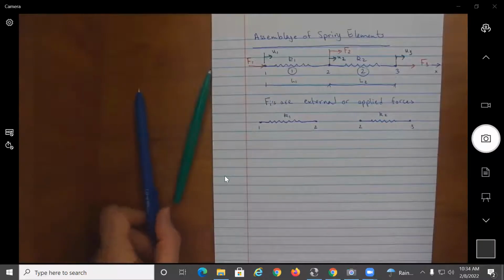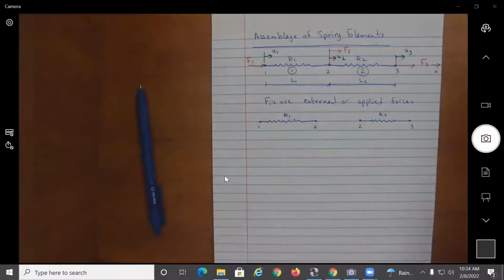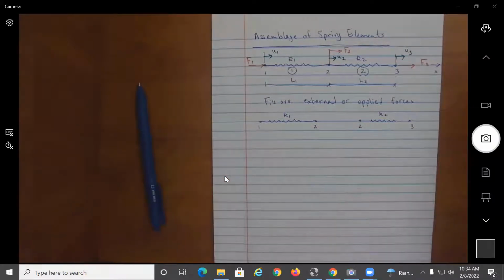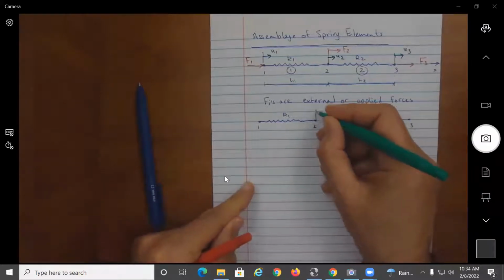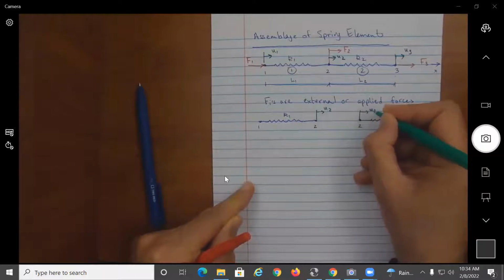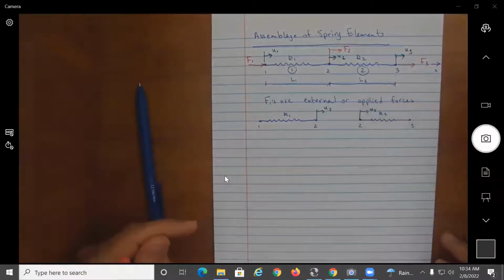If node 2 moves to the left, both elements at node 2 are going to move to the left. Or to the right, they're going to do likewise. So this is called the continuity condition. In order for this system to remain intact or continuous, I'm going to get the same U2 on the connected elements.